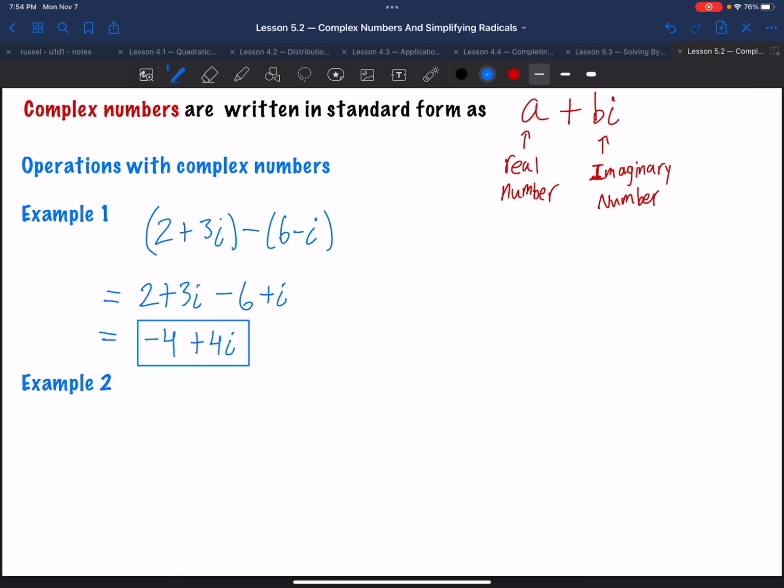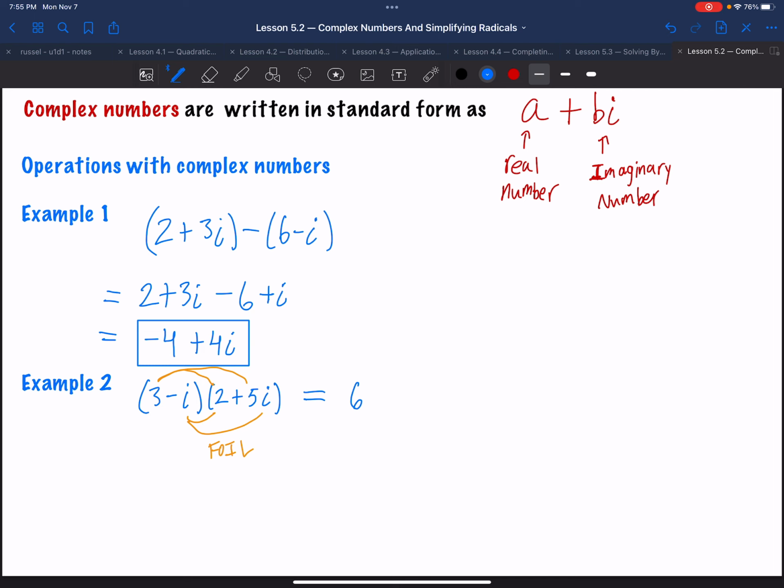All right. What's a little bit more interesting though is multiplication. Let's do (3 minus i) times (2 plus 5i). Now, this is going to be a multiplication operation. So let's distribute this. If we want to remember, FOIL, right? 3 times 2 is 6.